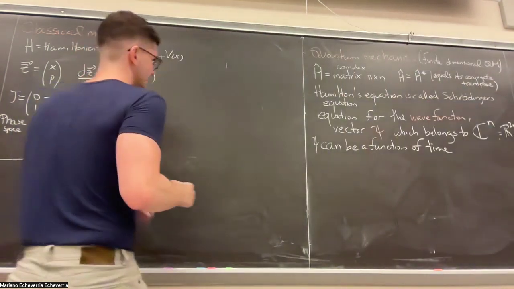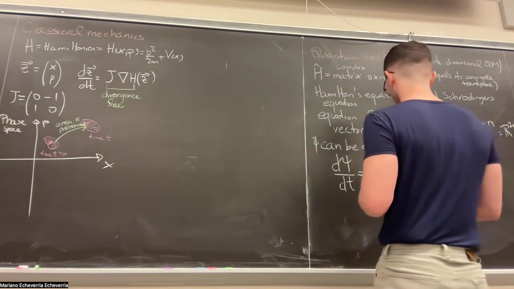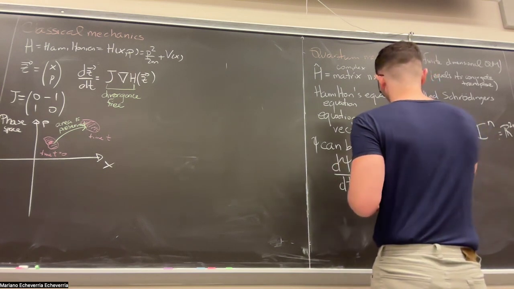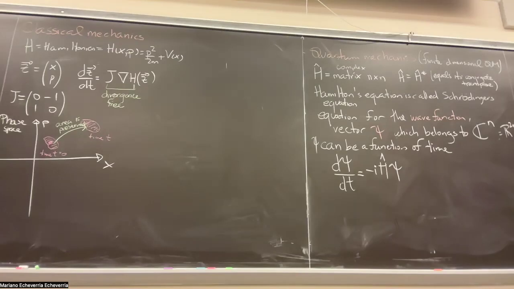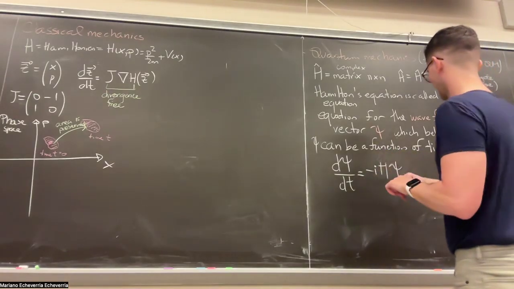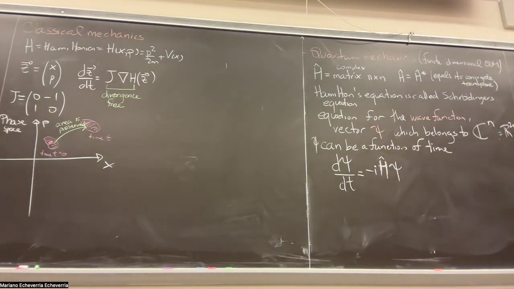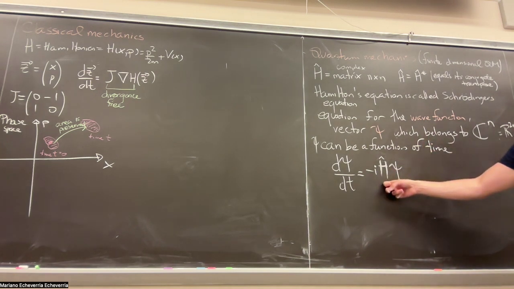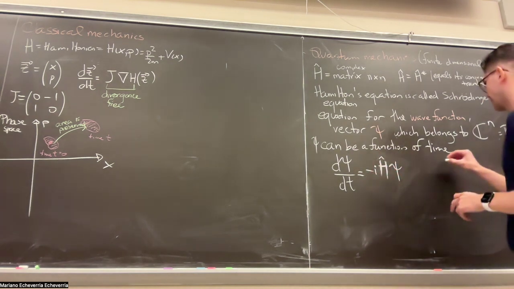And Schrodinger's equation just tells you how that changes over time. It's basically d psi dt equals minus i h hat psi. So this is an equation for how the wave function changes over time, and it's saying you multiply the wave function by the matrix h hat, and the negative i is just a scalar, so you can do it whenever you want.